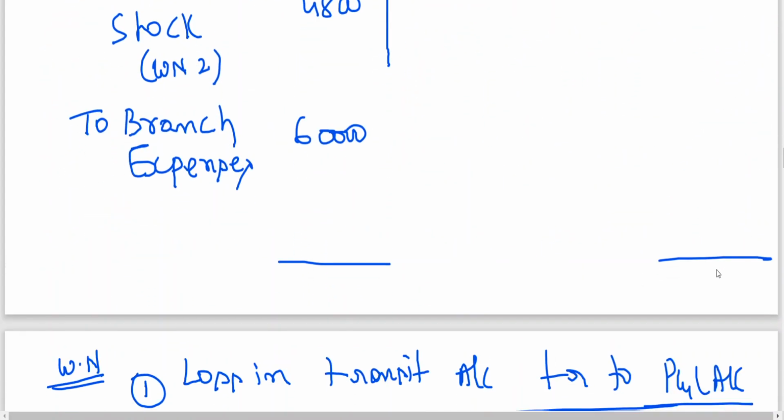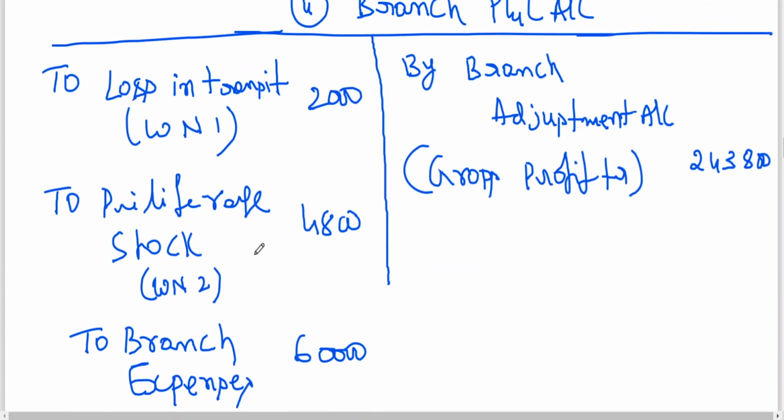Now coming back to this, the total is 2,43,800 minus 1,800 minus 60,000. You are getting a profit of 1,77,000.